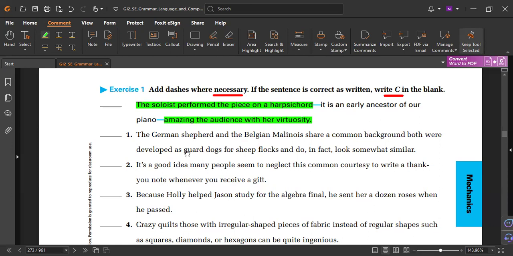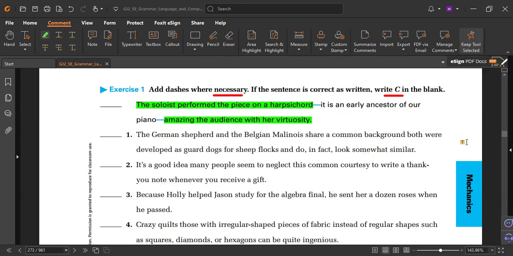For number one, is it in the correct place? I think there should be a comma after the German Shepherd and the Belgian Malinois. Now read the sentence to the end. Read the sentence from the beginning to the end.